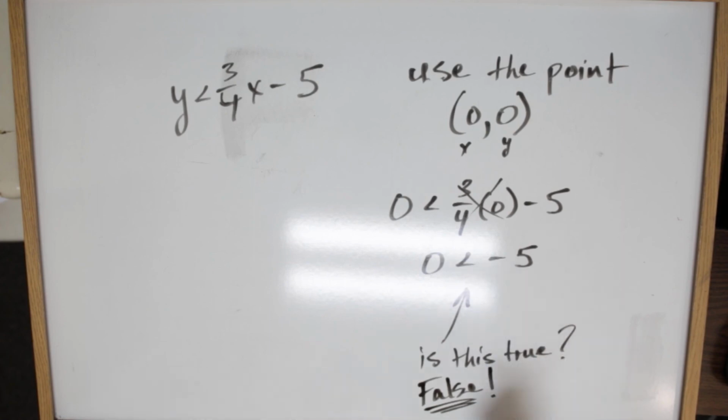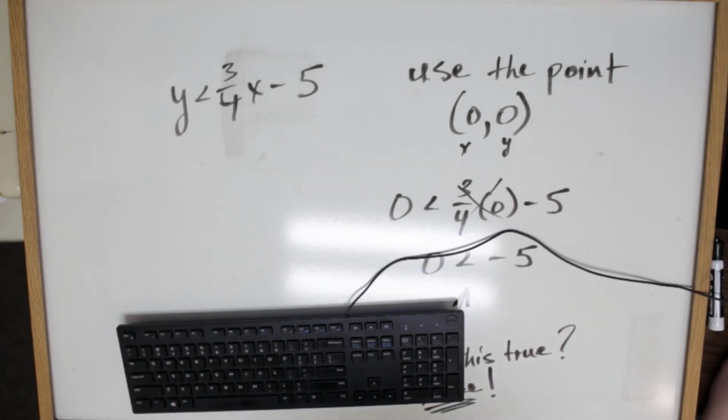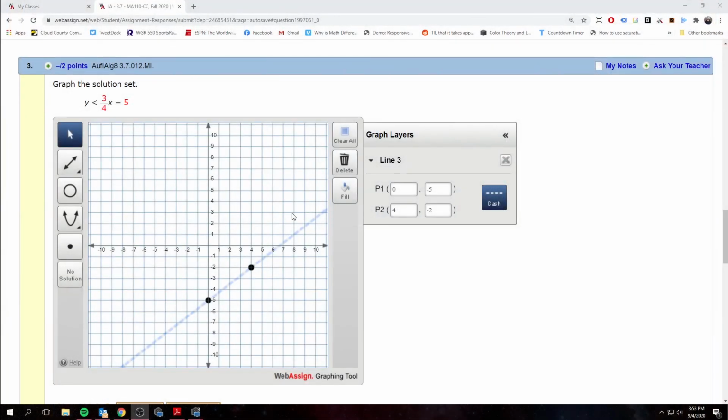Okay? So when you get something like this, let's go back. I'm going to pull my keyboard up here so you can see. Notice 0, 0 sits right there. Since it was false, that means that I'm going to not include 0, 0 in my solution set.